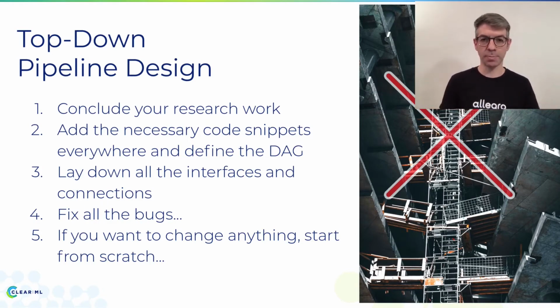You make sure you have a nice interface so you can move data from one step to the other. You fix some bugs, you package everything, and you somehow deploy it. And obviously, when you change the code, you have to redo most of those steps again. And obviously, the challenge is, I don't want to do that, right?